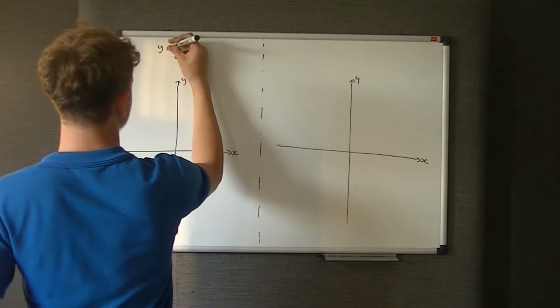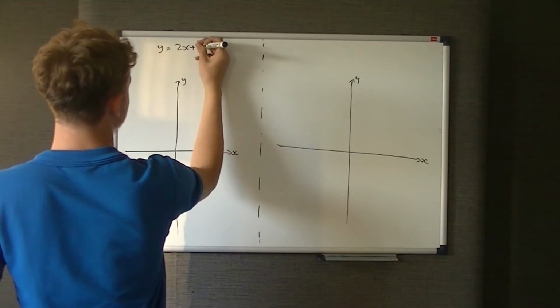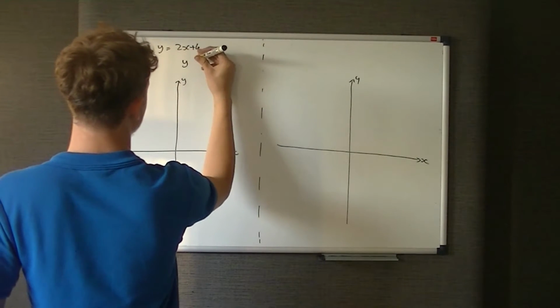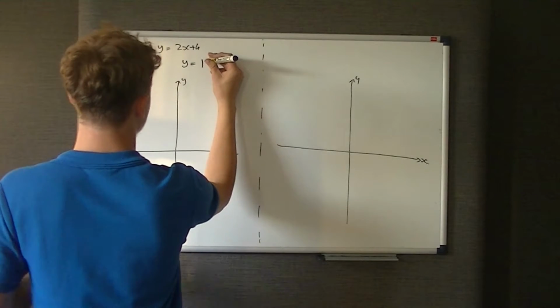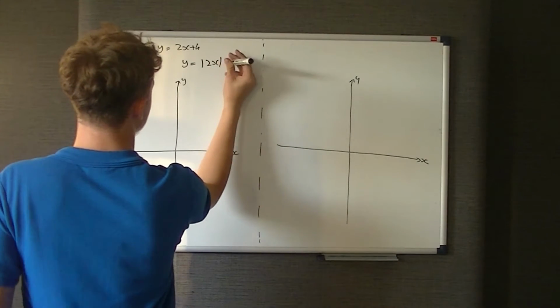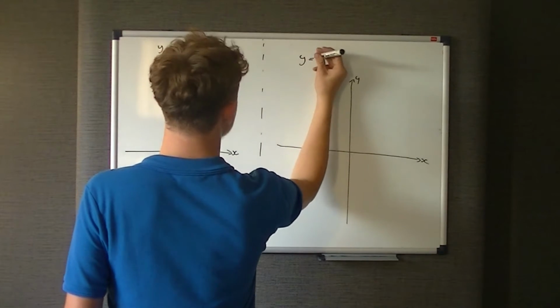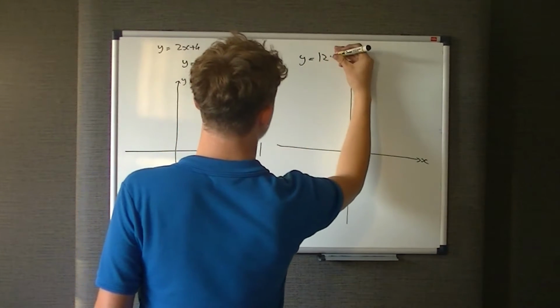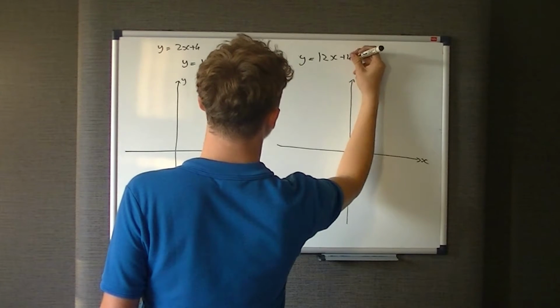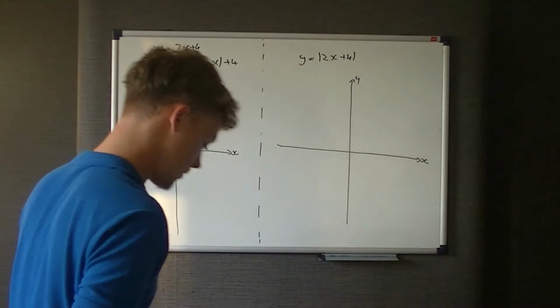y equals 2x plus 4, that's better. So y equals 2x plus 4. That's our standard equation. Then what we put here is y equals bracket modulus 2x plus 4. And this is y equals brackets, modulus of 2x plus 4, the whole thing. So how does this make a difference?